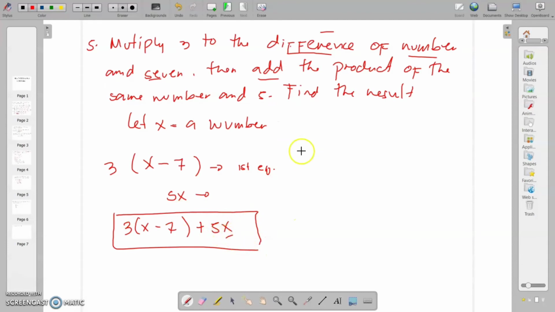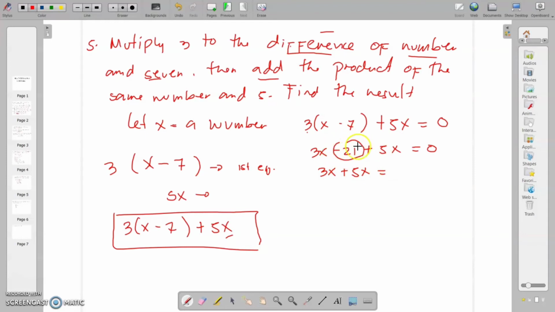So 3x minus 7 plus 5x equals 0. So, 3 times x is 3x, 3 times negative 7 is negative 21, plus 5x equals 0. So, combining like terms, 3x plus 5x, and negative 21 transposed to the other side, so positive 21.